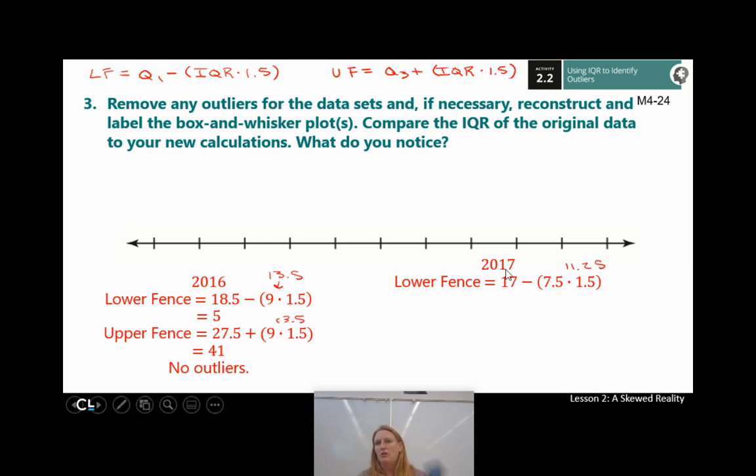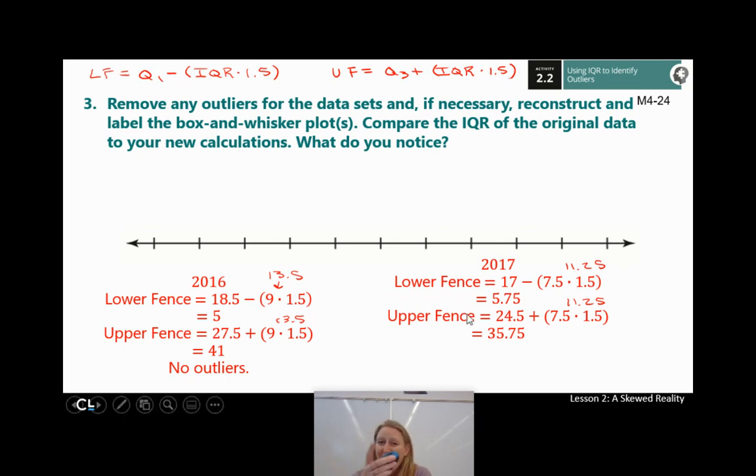If I subtract those, I get 5.75. So that's my lower fence, 5.75. My upper fence: my third quartile was 24.5, and we already know 7.5 times 1.5 is 11.25. If I add those together, I get 35.75.